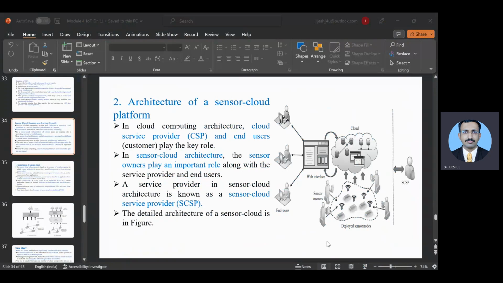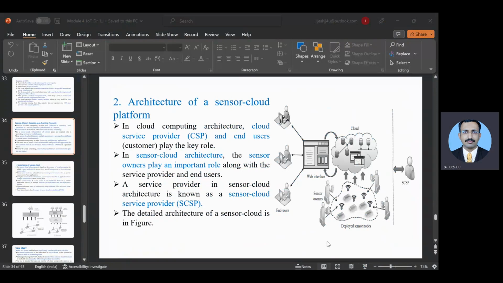So you can say that in sensor cloud architecture, sensor owners play a very important role, because they collect the information whatever is required for the user. And the service provider in the sensor cloud architecture is known as the sensor cloud service provider.